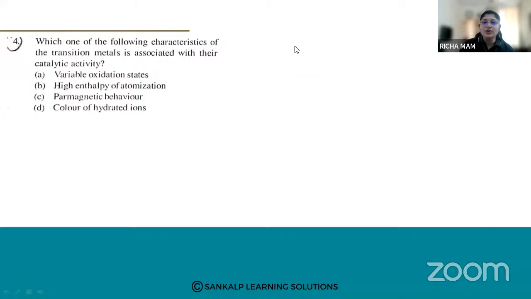Very good. You might have gone through the synopsis also. There you can see that the general electronic configuration of the transition metals is (n minus 1)d, 1 to 10, ns 1 to 2.